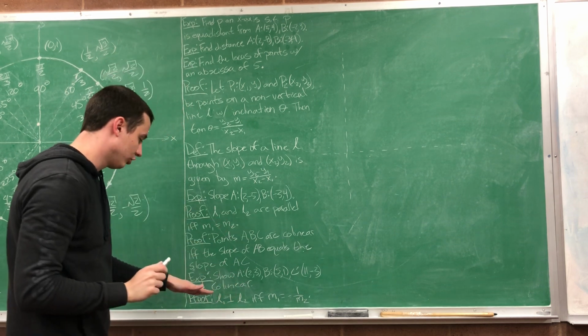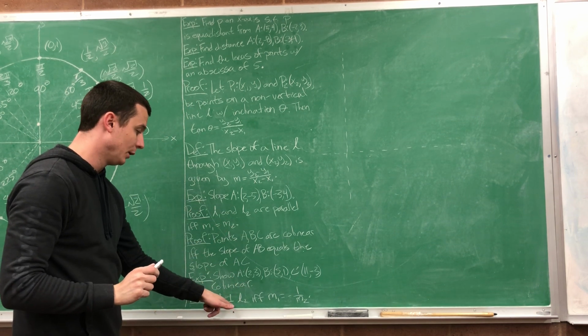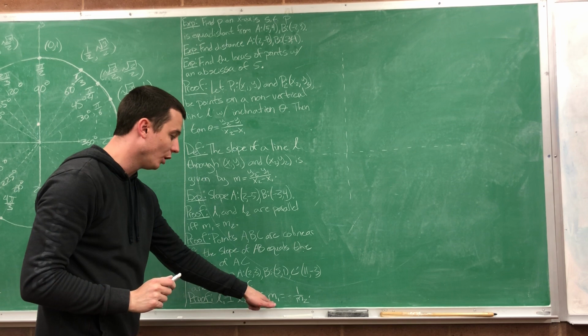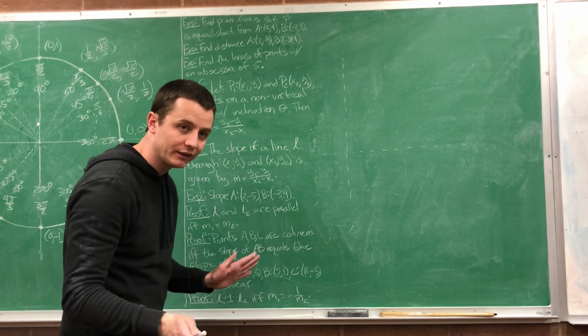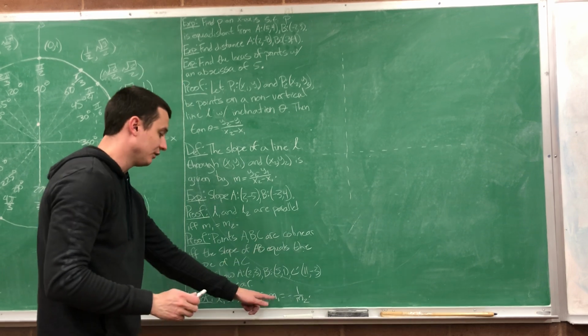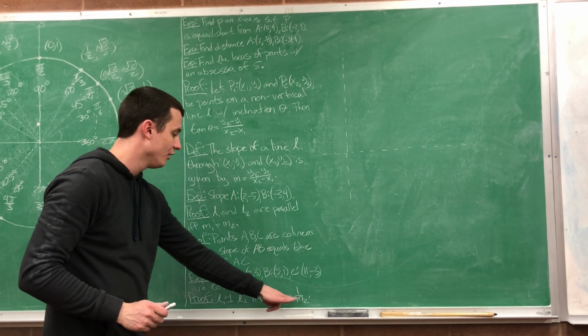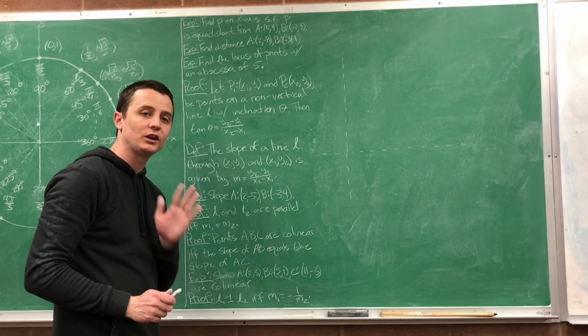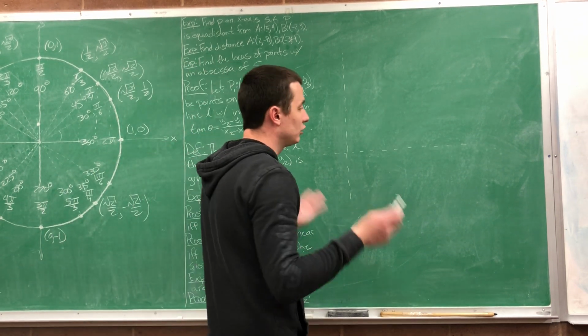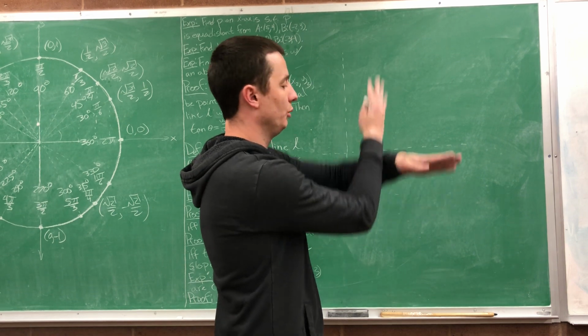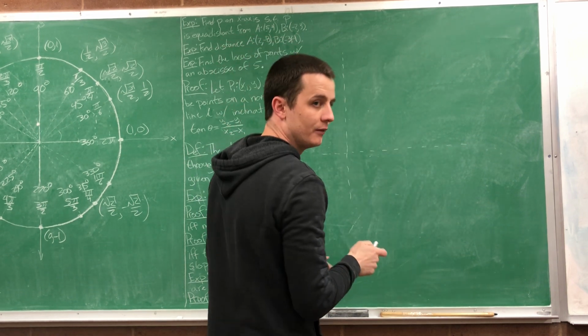So, my job is to show that two lines are perpendicular if and only if the slope of the first line is equal to the negative reciprocal of the slope of the second line. So in other words, if this one has a slope of 2/3, the other line has to have a slope of negative 3/2. Okay? So I need to draw two lines that intersect, and they have to be lines with slopes, so I can't have one vertical.